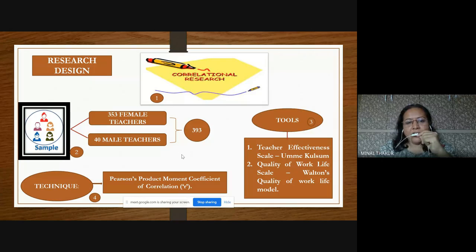Now, to conduct any research, we need to have a sample, that is, we need to have units. Sometimes we take students as samples, sometimes teachers, sometimes administrators in educational research. So what is a sample? Suppose I want to study various teaching styles of student teachers in your class, and there are 100 students.